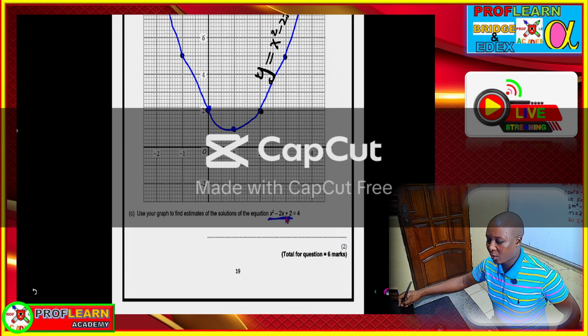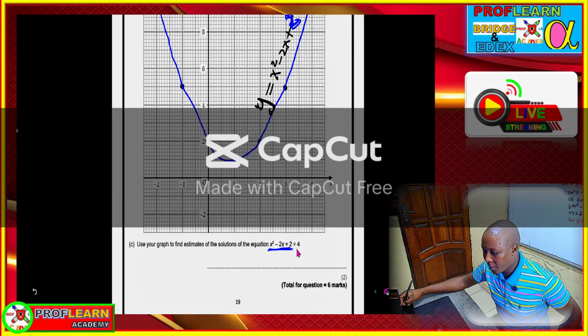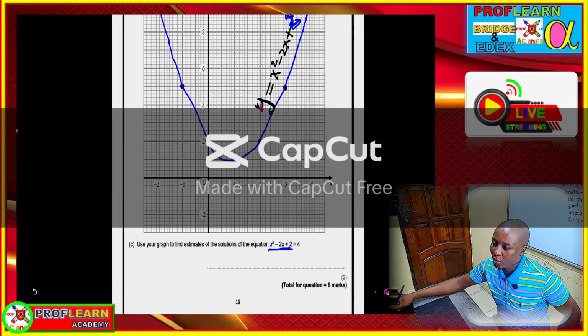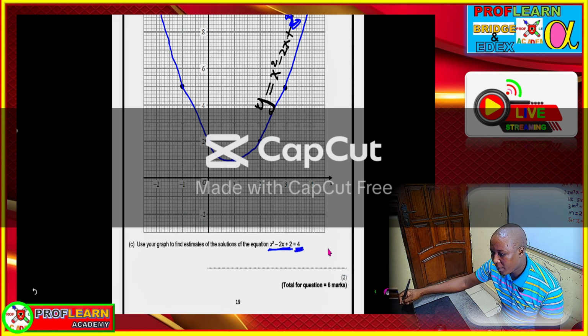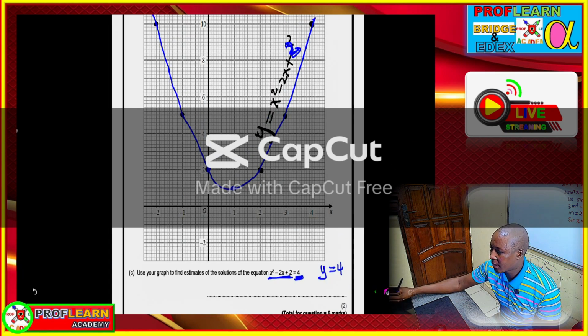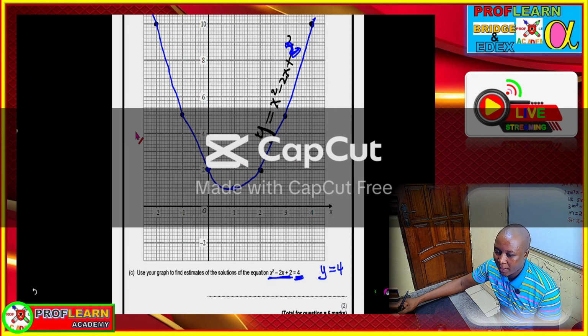So if they are telling you to use this graph to estimate the solution, you can see our graph was y equals x squared minus 2x plus 2, but here we are not having y, we are having 4, which means our y equals 4. So in order to do that, you are going to draw a horizontal line, and that line is going to pass through where you have 4, like that.